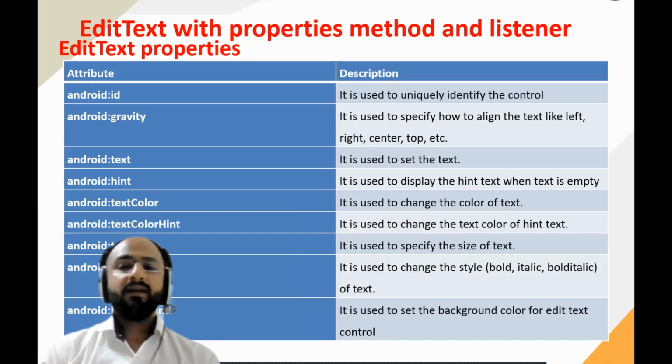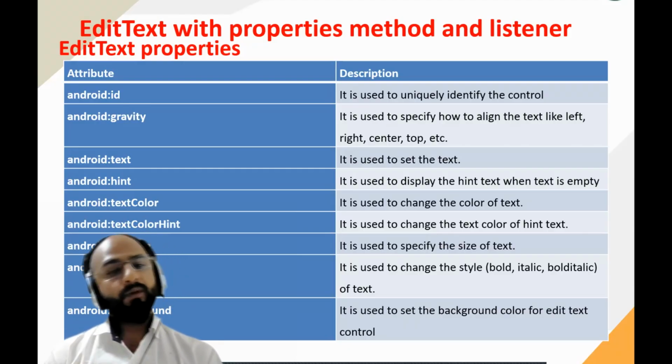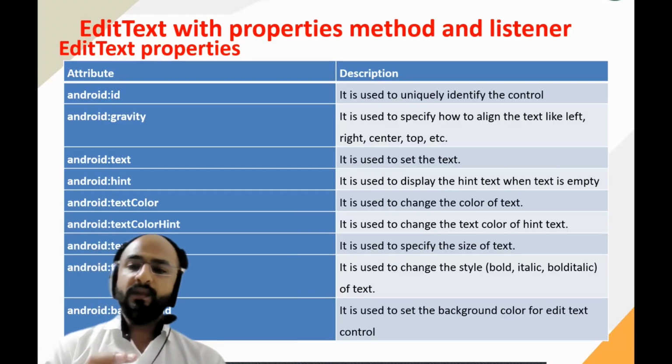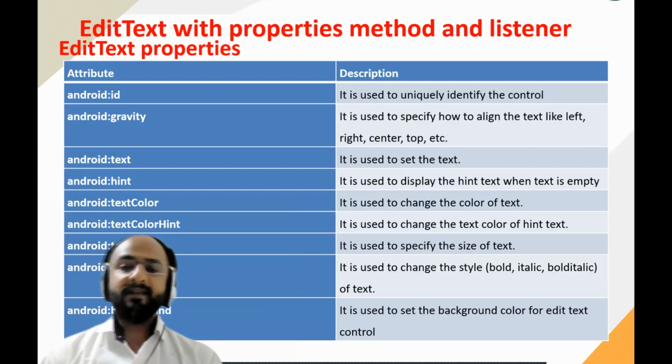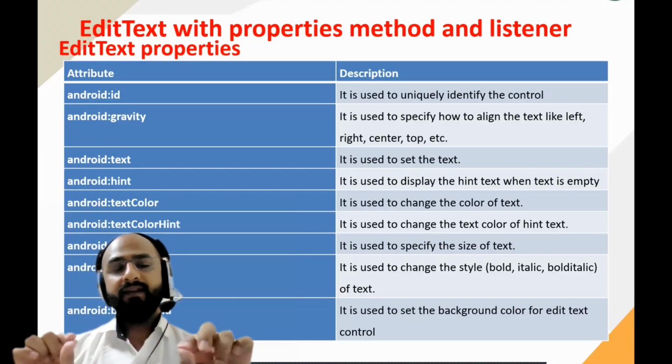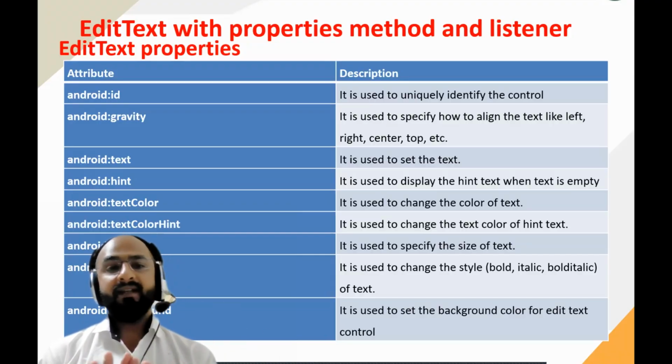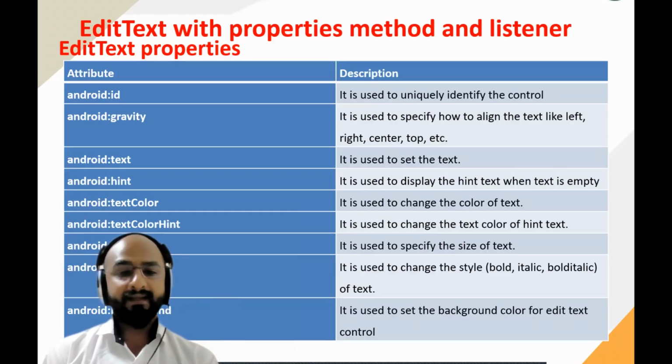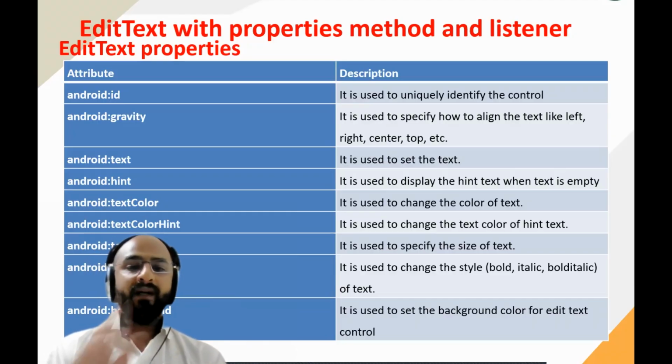Then there is android:hint. For EditText, the hint property is very important. It is used to display the hint text when the EditText is empty, when the user hasn't entered any value into that EditText. At that time, you need to provide the hint.